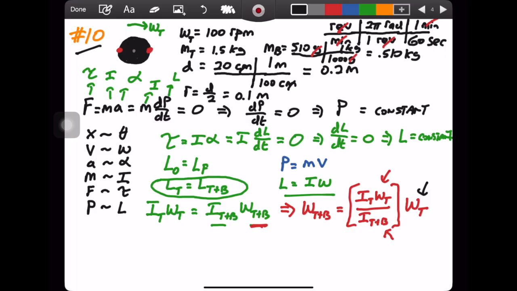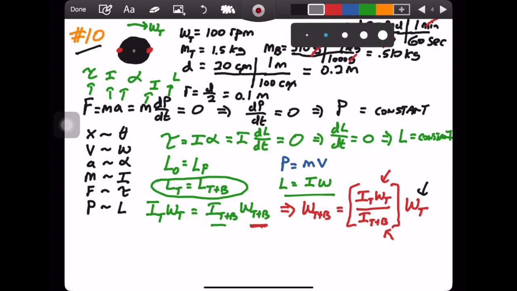However, we're still not done because we need to be able to calculate what these moments of inertia are. If you encounter problems on the exam, and I already told you there's going to be a problem just like this one, I'm not going to require you to memorize moment of inertias for different objects. You will be given the moment of inertias in a problem.